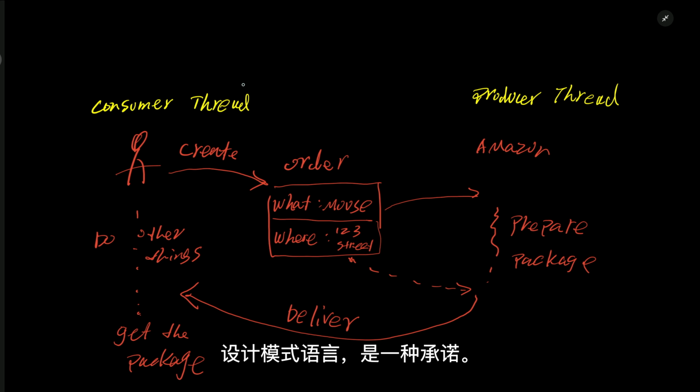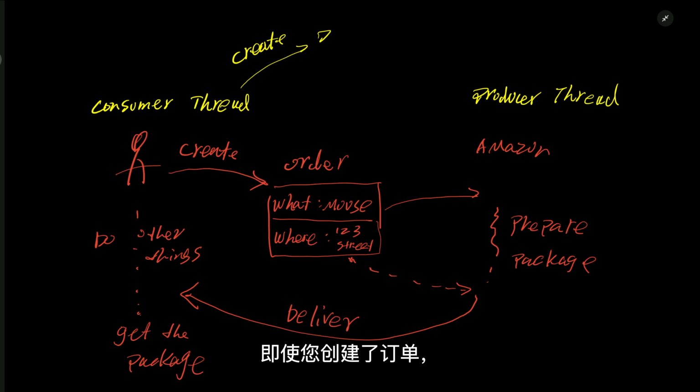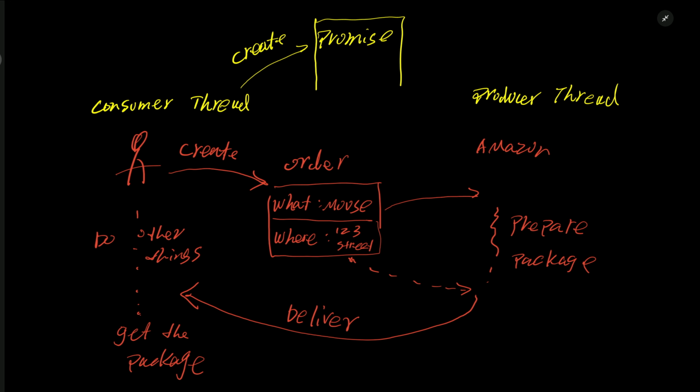Second, the order. In the design pattern language, it is a promise. You put an order, you create a promise, even though you create the order for Amazon. Same thing for the promise. Even though the calling thread creates the promise, it is mainly for the producer thread, the Amazon thread.